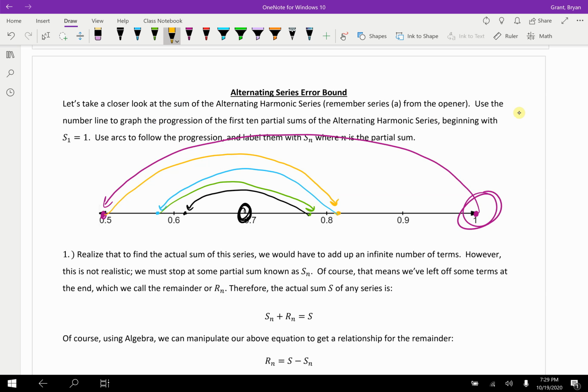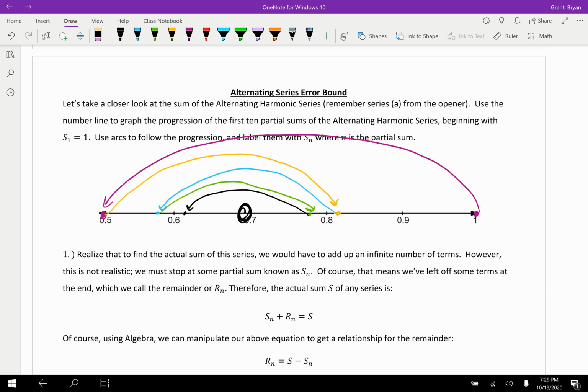And then the next term jumps us to the right side. And then the next term jumps us to the left side. And so we're bouncing back and forth around the actual sum. This is what we're approaching as a sum. Okay, so we're approaching something here, but every term always moves us past the actual sum. Hopefully we can see that.